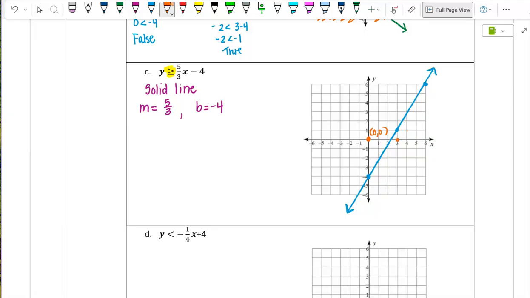So I'm going to go with 3, 0. Again, the points can't be on the line. So we have the point 0, 0, and we have the point 3, 0 that we're going to have to test. Again, each of these is giving me an x, y.